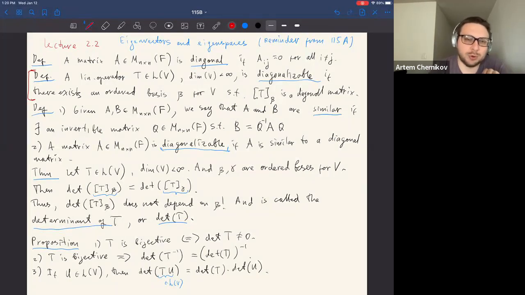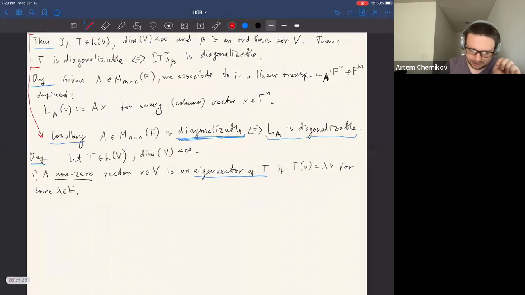You don't have to search all possible bases in the world; it is enough to check that the matrix A itself is diagonalizable. They are two different definitions in principle, but they are connected because of this corollary.